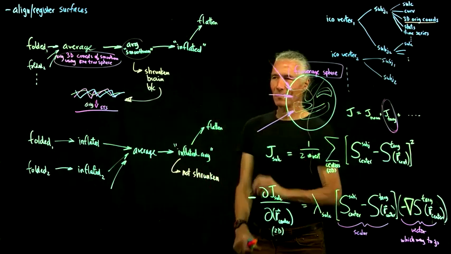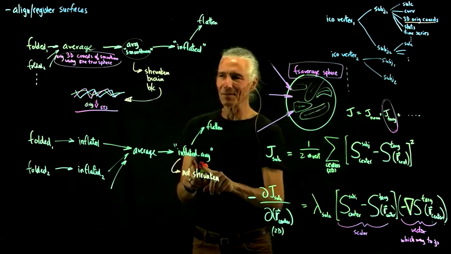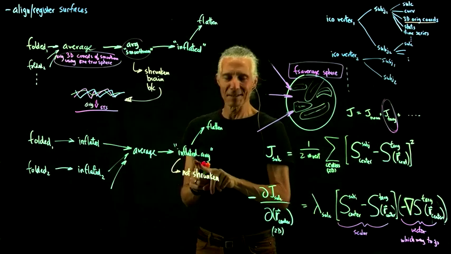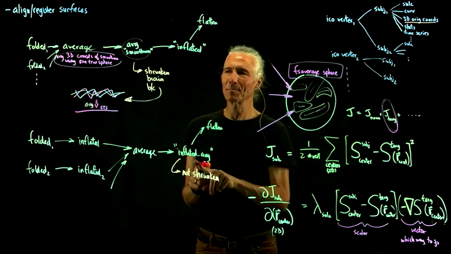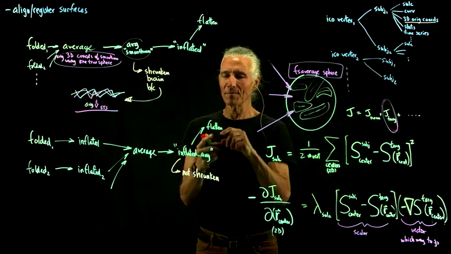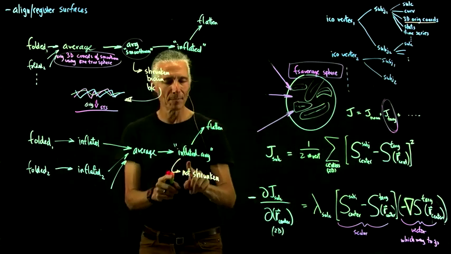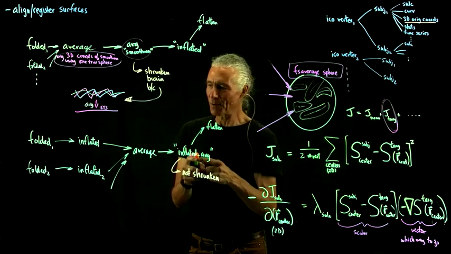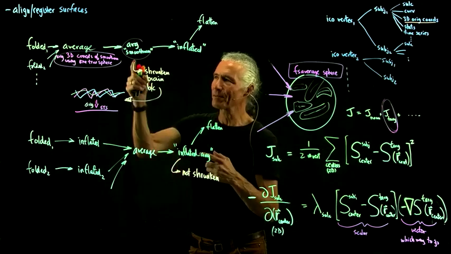That's a small point. Almost nobody uses this surface. I use it, but almost nobody does. But this is the right surface to use for displaying the data, either in inflated view or in flattened view. The problem is you can't easily display the data on this surface in folded view, because then you'd have to go back to the shrunken brain.